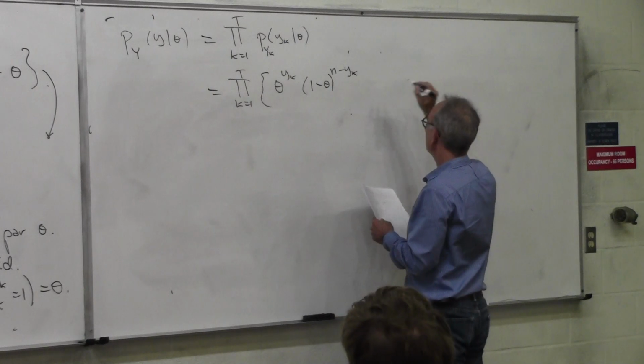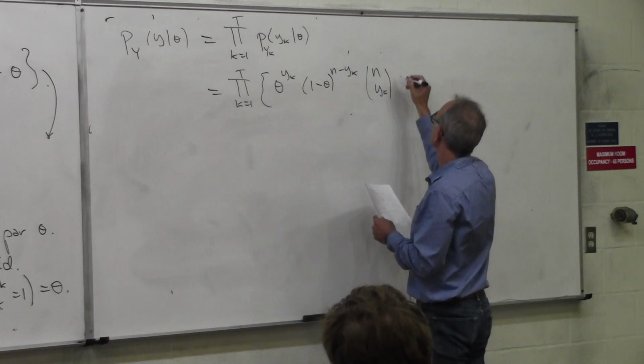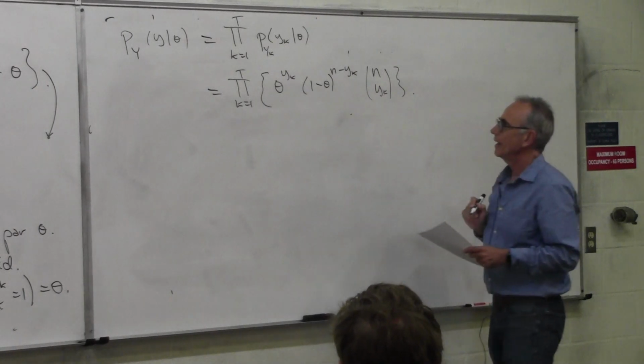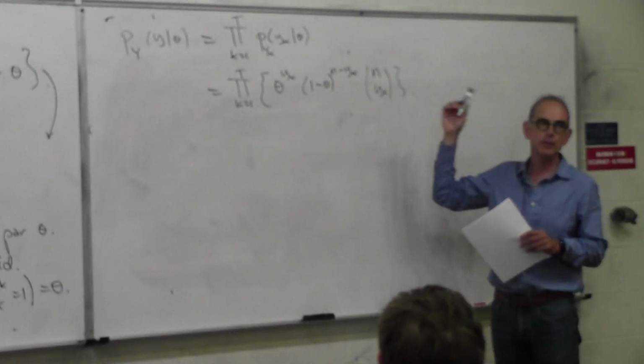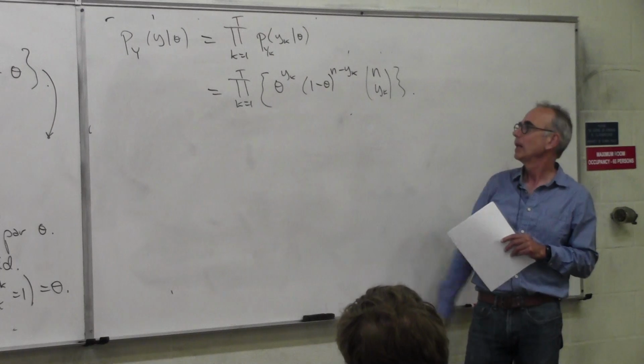And then it's n choose yk. And there it is. You're counting the number of possibilities that you can get yk successes and n minus yk failures.